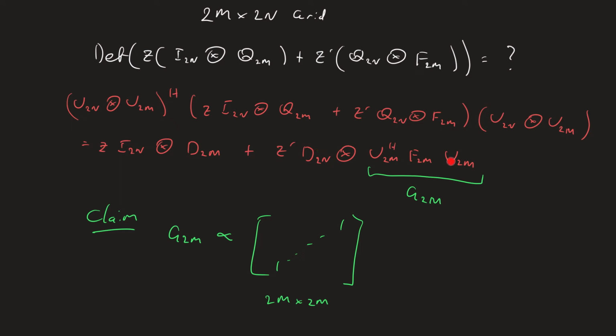We denote this matrix here, U Hermitian transpose FU, by G, and we claim that G is equal to some constant times the matrix with ones along the anti-diagonal. This is a somewhat remarkable result, because if F were almost any other matrix, we would end up with something very complicated in here, and this approach would not work.